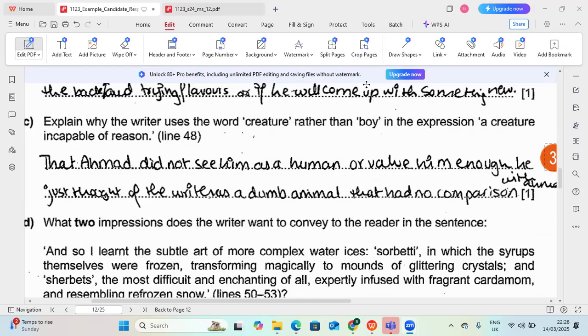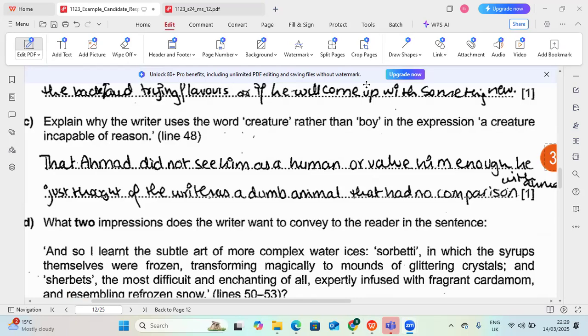When you call someone a creature rather than a boy, a creature incapable of reason, you are actually calling someone else inferior, dumb. You're saying they do not have a brain to understand these things. So that is quite offensive.